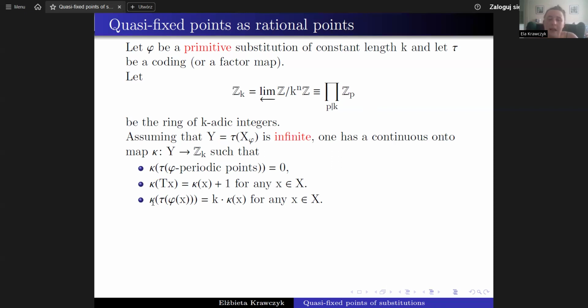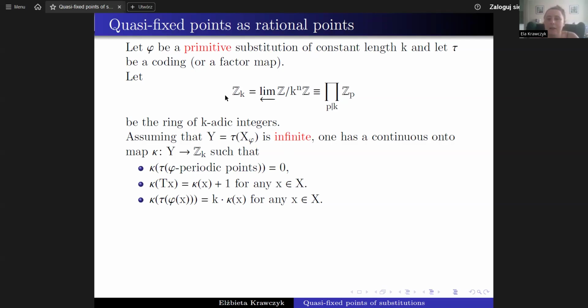And kappa of phi of x, and we also have an interpretation of the multiplicative structures in Z_k just by phi. So kappa of tau phi of x is just k times kappa of x. Okay, so we have here a kind of affine map behind all of this.